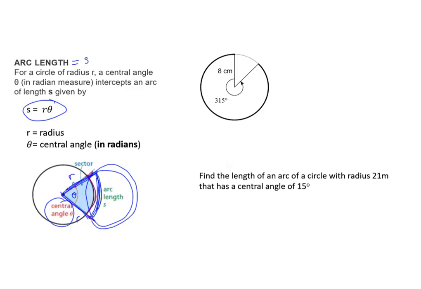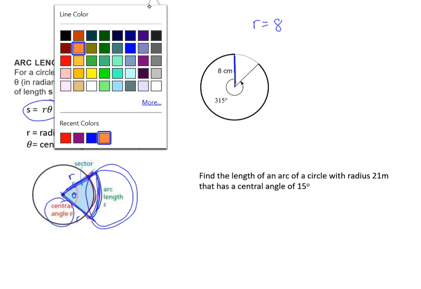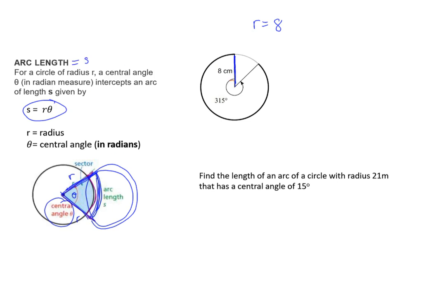So in this example, it tells us that this length is 8, so my r is going to be 8. Then it also shows us this angle going from there to there, so our central angle is 315 degrees.